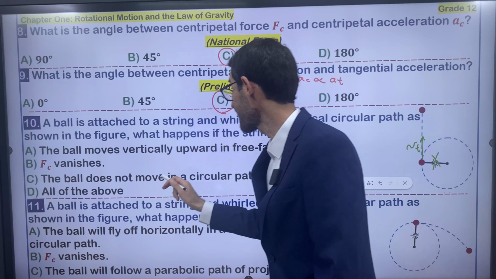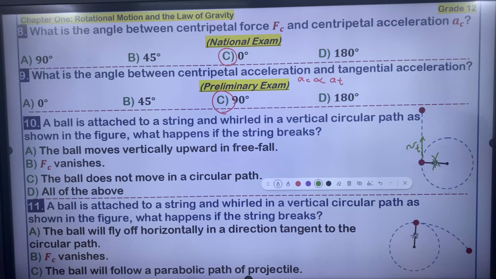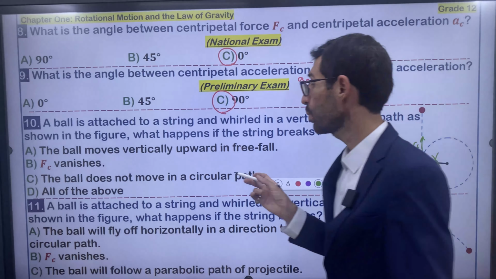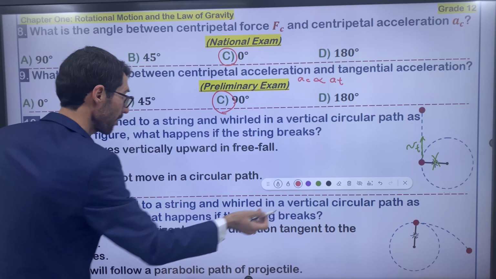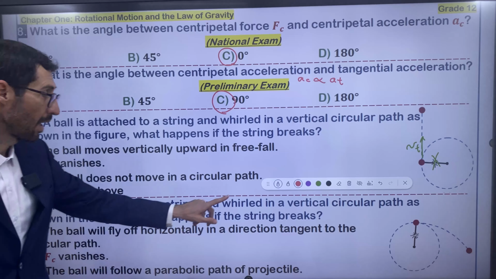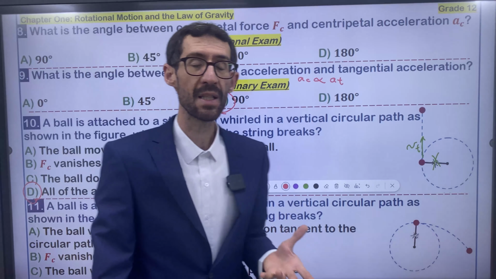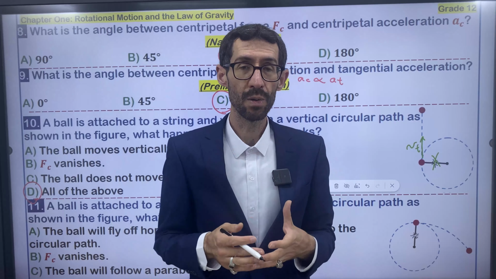The ball does not move in a circular path. It follows a straight line path. D, all of the above. So we accept all of this information and circle D. All of the options are true for this situation, because whenever the string breaks, FC becomes zero.